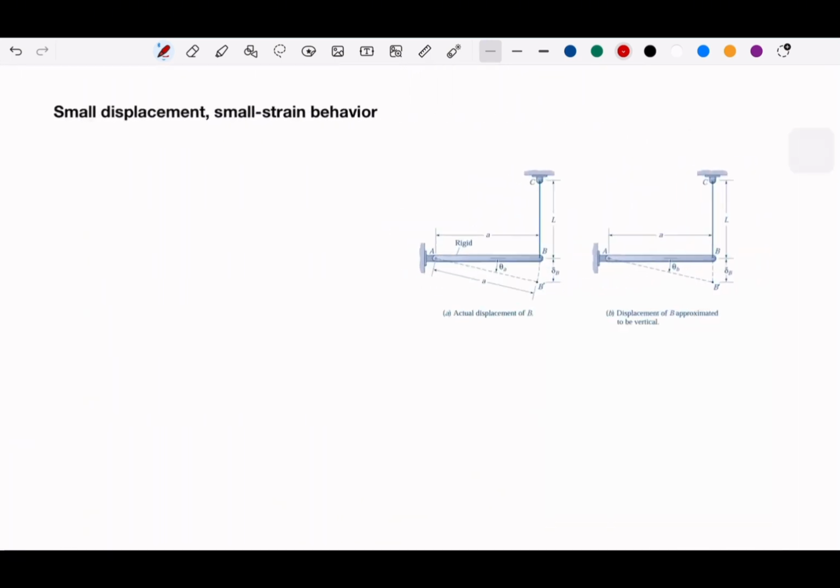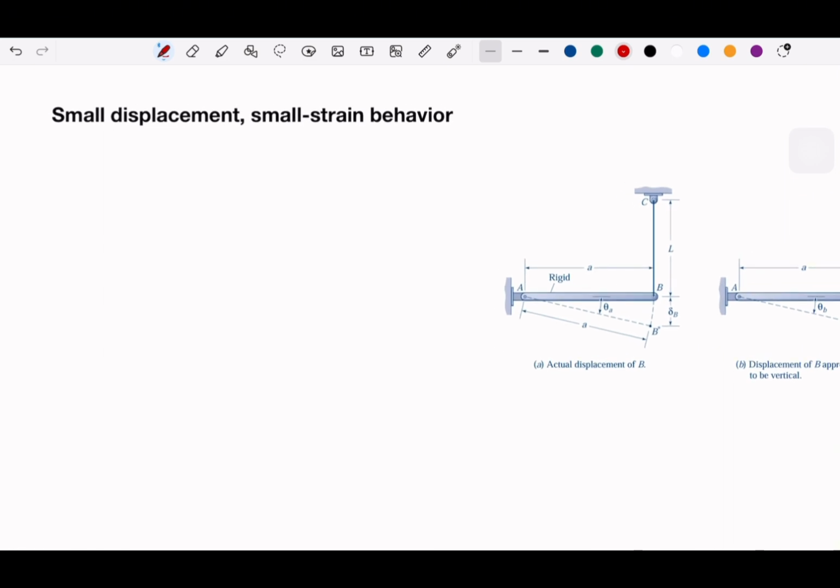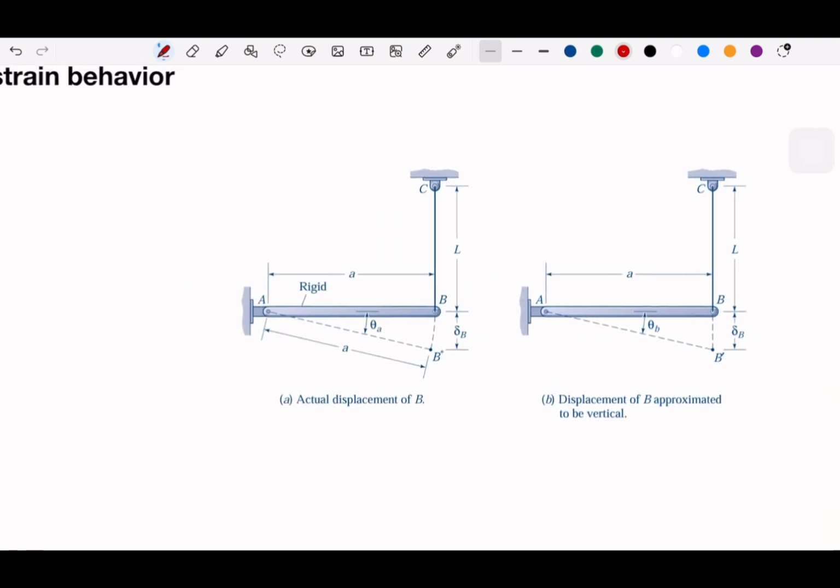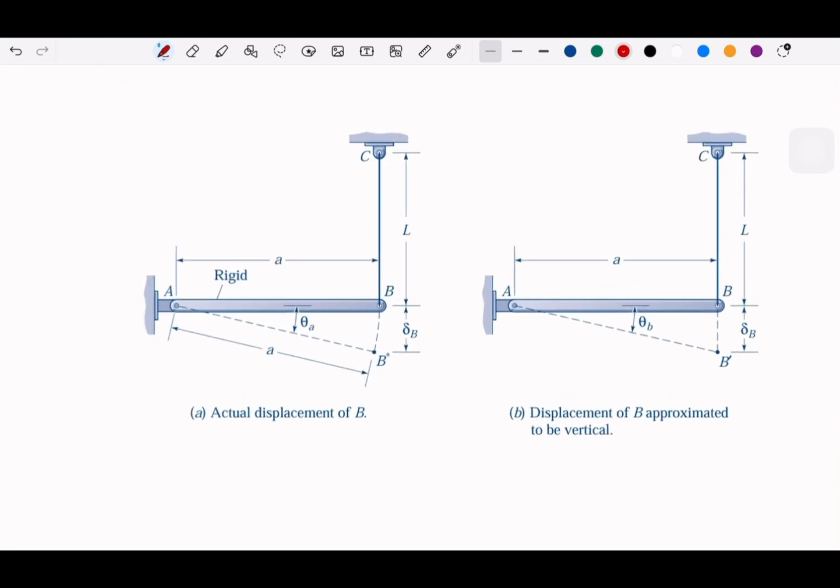So if we have this small displacement, here we have some idea on how we could simplify this to our calculations. You see that if we have this AB, the left one is the actual, what we see in the real world.